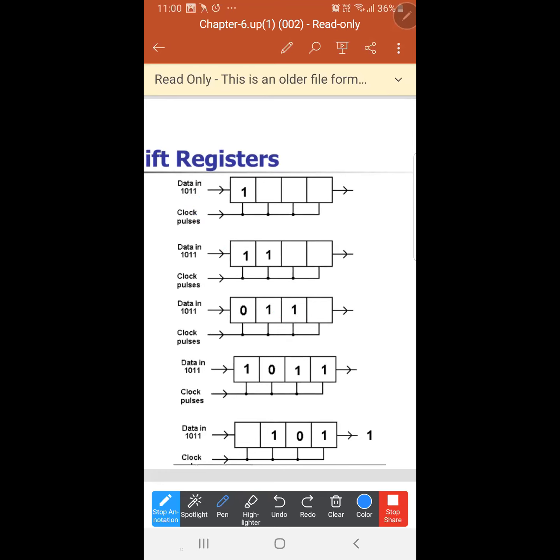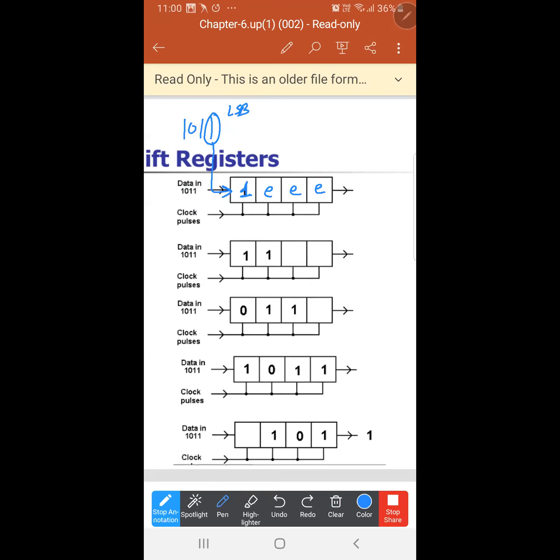But it is a right shift register, so right shifting will occur. You will choose the LSB first. This first digit will enter here and be saved in the first flip-flop, and the others will be empty now. Got it?